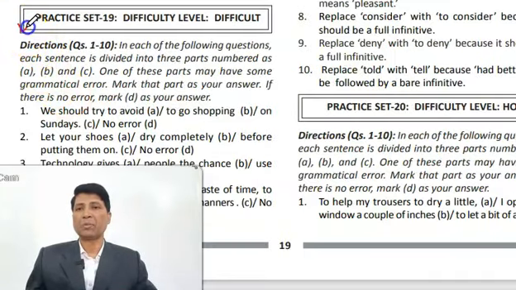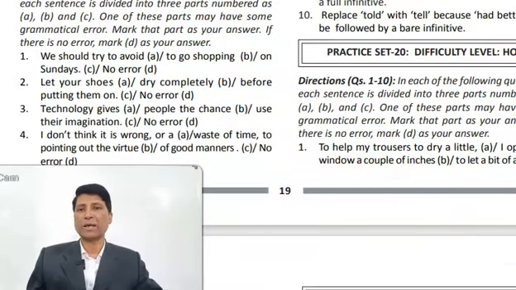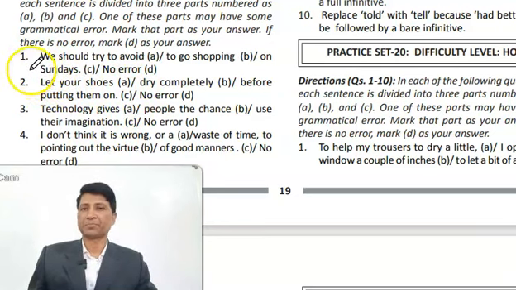Now let us do practice set number 19, and as you can see, the difficulty level of this practice set is going to be difficult. Look at question number 1 and try to do it on your own and match your explanation with mine. We should try to avoid to go shopping on Sundays.